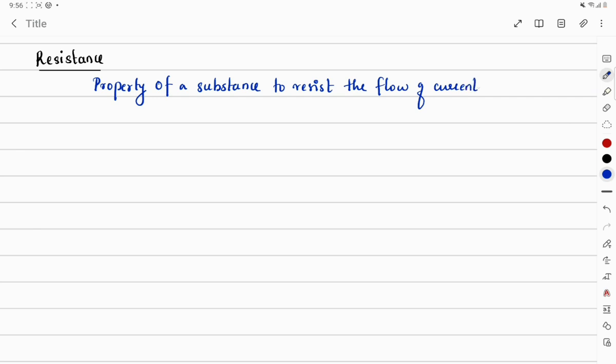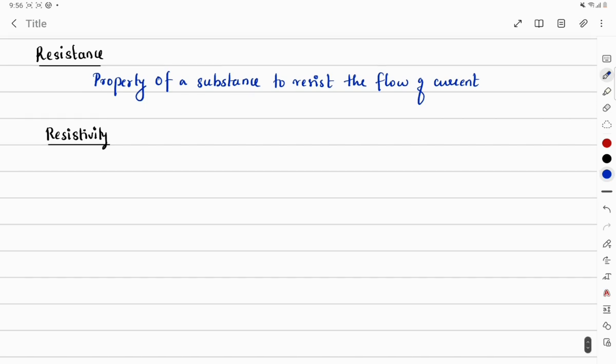So a very closely related term that we study along with resistance is resistivity. What is the difference between resistance and resistivity? Resistivity is also resistance, but under a specific condition, that is per unit length and per unit area.